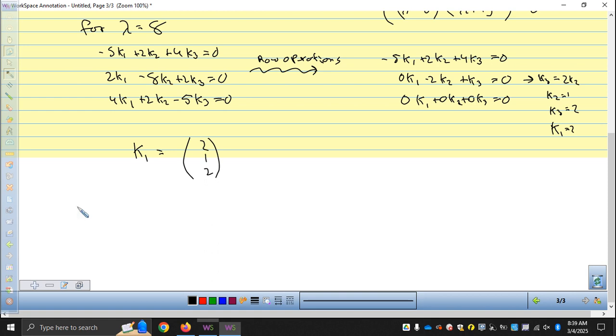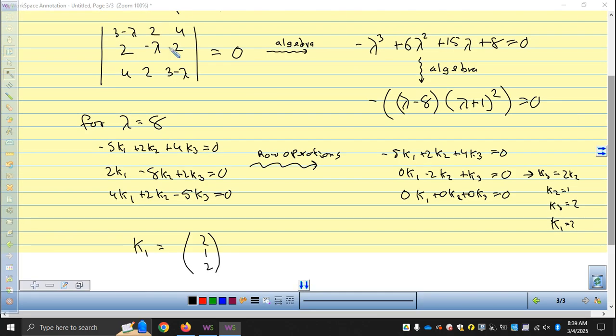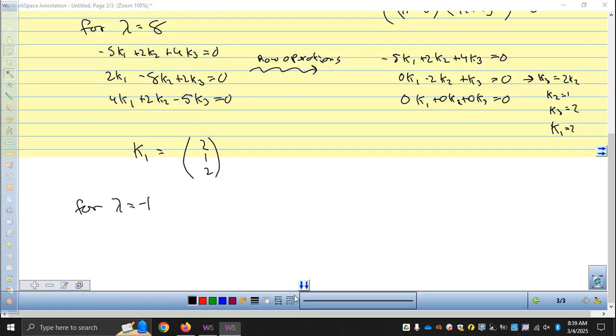For lambda equals negative 1, I'm just, again, looking at this, I'm substituting negative 1 in for lambda, and then each of these gets multiplied by k1, k2, k3. That's how I write this system of equations.